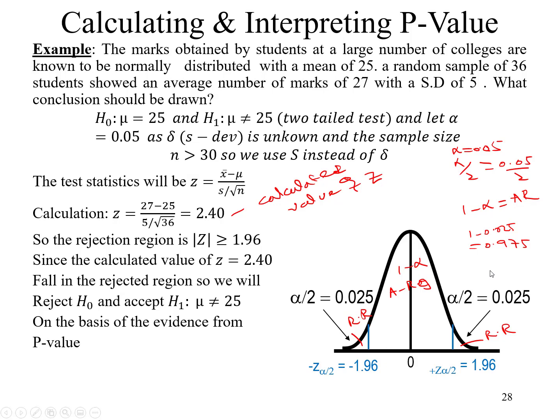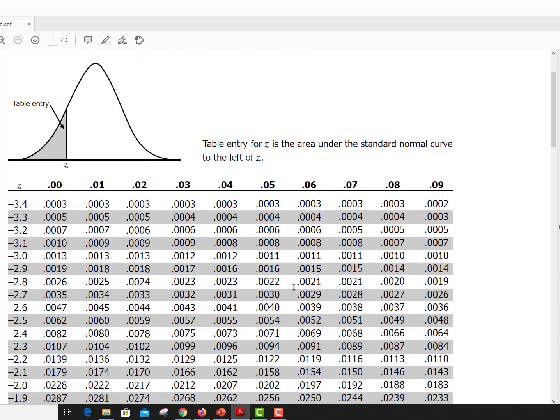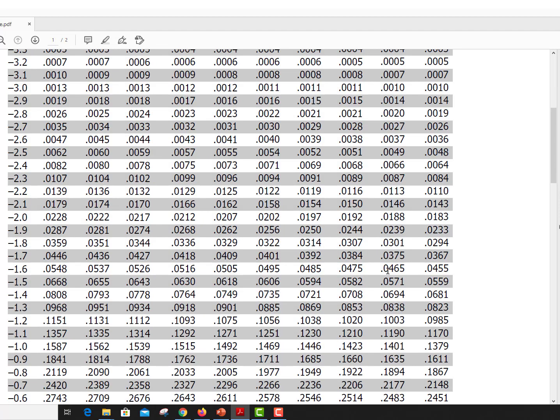I will open the Z table and we will locate this area, to find which specific Z value represents this portion of area. So you can see this is the Z table, and these are the values. Now we are looking for 0.975.